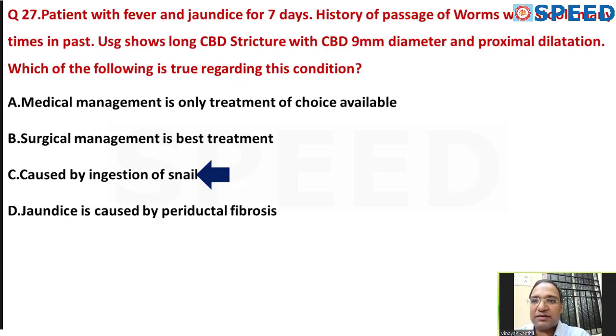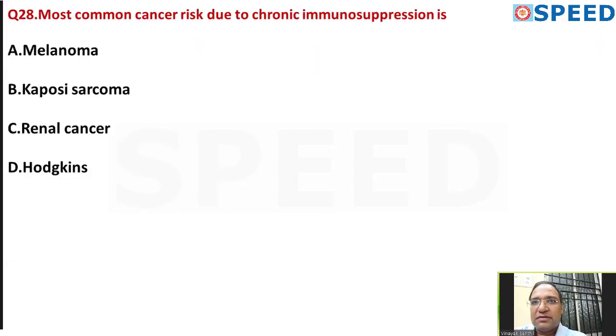Linear shadow seen in an IV contrast or PTC? How was it seen? You need to fix up the question and answers. So this is the line of discussion. If this is the question, snail will be the answer. If ascariasis will be asked, linear shadow will go in favor of ascariasis. I leave it to you to make those corrections accordingly.